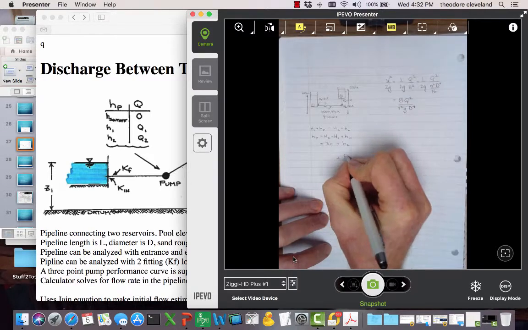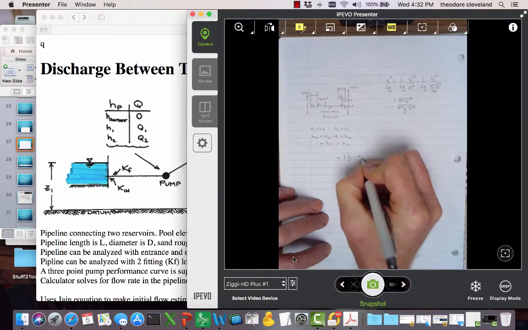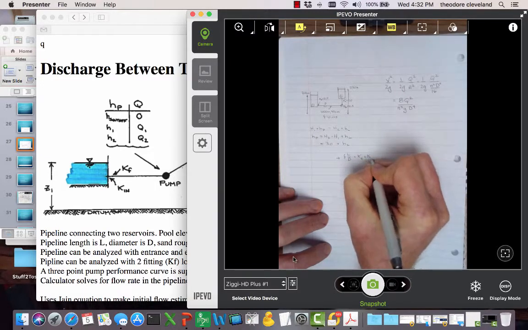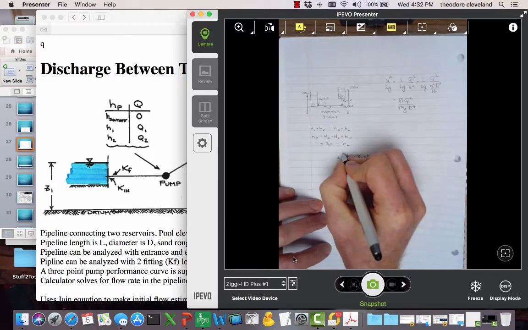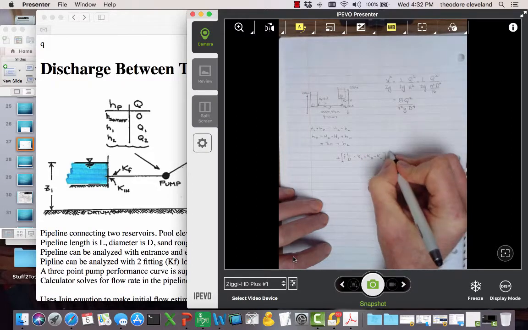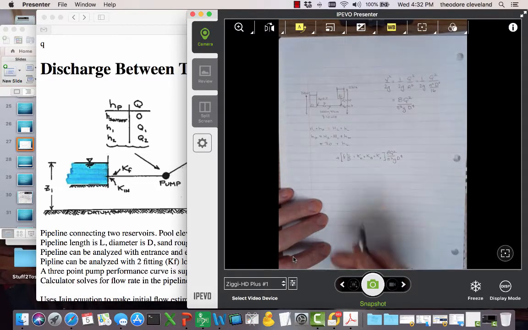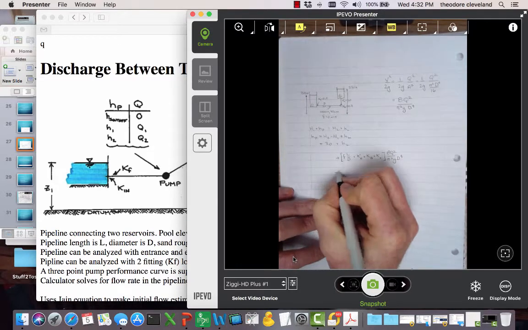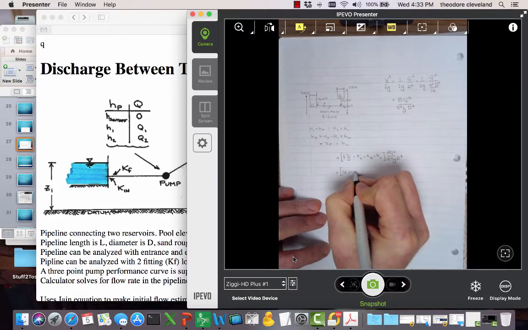There's f L over D plus the entrance loss plus the bend loss plus the exit loss, and that's all multiplied by 8Q squared over pi squared g d to the 4th power. Let's go ahead and substitute numerical values. We're told the friction factor is 0.015.